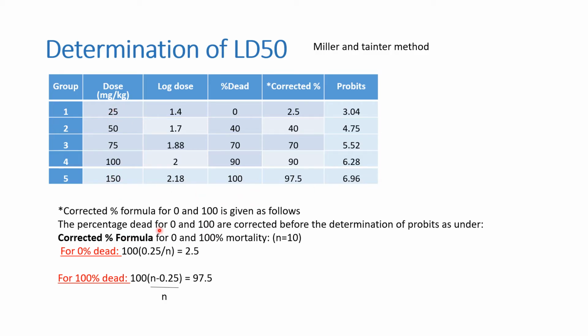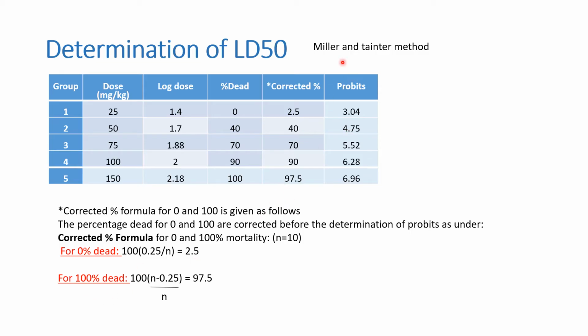We will apply the correction formula before the determination of probit. For 0% dead, the formula is 100 into 0.25 divided by n. Here n is 10, so after calculation we get 2.5.